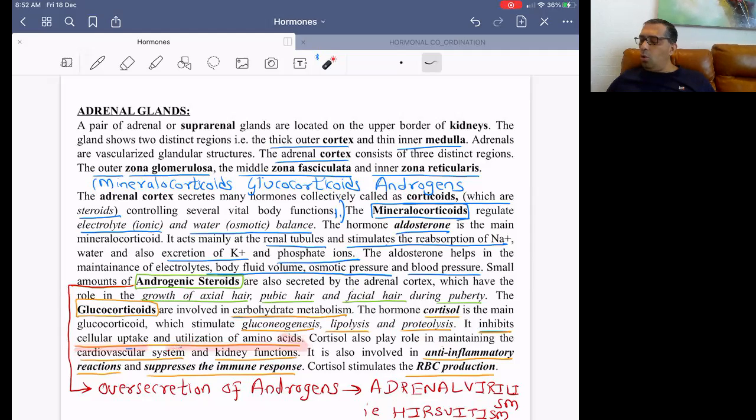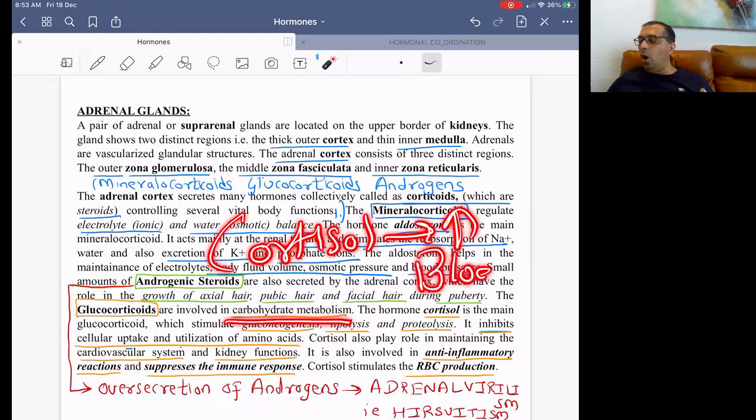तो cortisol कुछ भी करके कार्बोहाइड्रेट शुगर लेवल हाई रखता है. It will break down fats, lipolysis, converted into sugar. It will convert proteins into sugar. It will inhibit amino acid uptake and convert amino acid into the pyruvic acid, Krebs cycle, and sugar. तो कुछ भी करके cortisol will increase your blood sugar level.